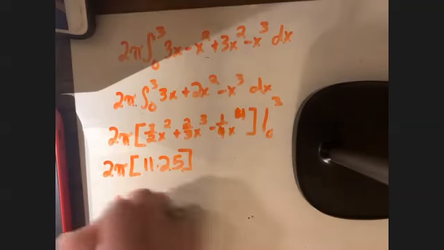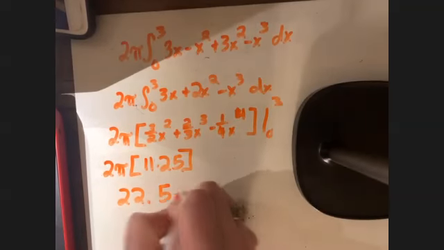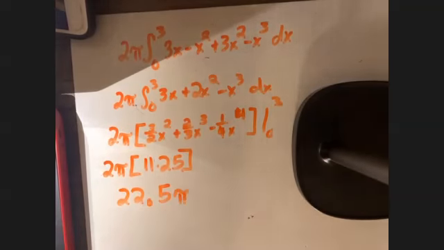So I would do 22.5 pi. Okay. You could also write that in fraction. So 45 halves pi. Okay, you could do it that way. And so that's kind of what we're looking at when we run these. Okay. So let's take a look at another one.